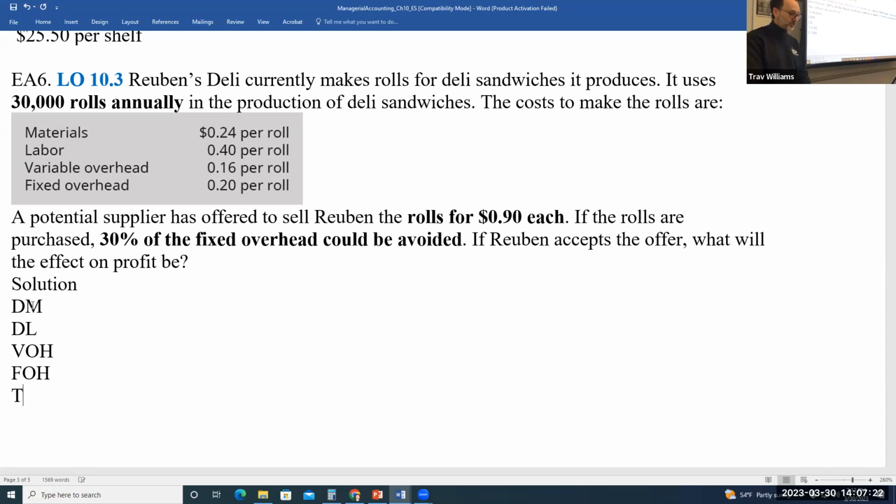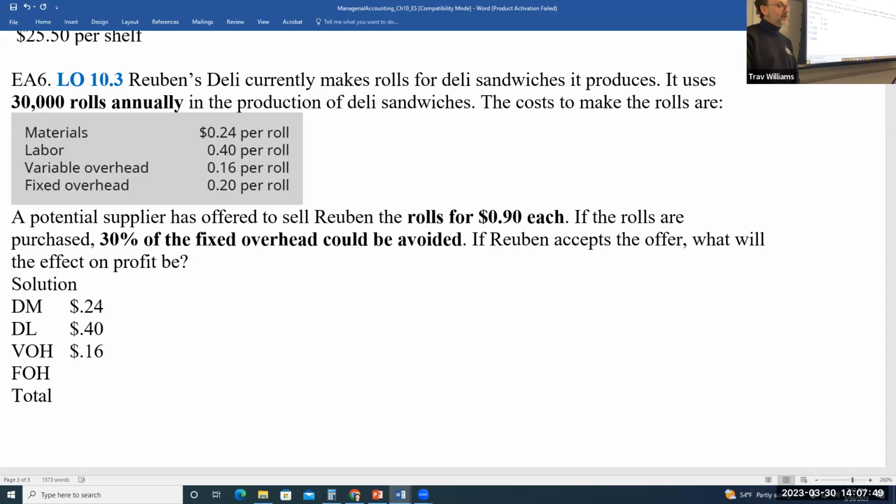And then we'll figure out the total. So what is going to be our direct material cost per roll? Now wait a minute, this is if we make it, right? Well, it says 24 cents per roll, right? And our direct labor is 40 cents. And our variable is 16 cents.